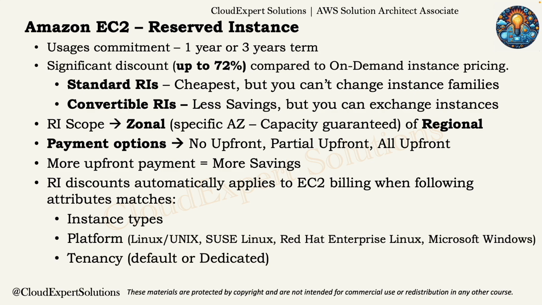If you are running your EC2 instances with default tenancy, then you should go for default tenancy reservation. On the other hand, for dedicated tenancy, you should reserve dedicated tenancy reserve instances. And last but not least, you have AZ or availability zone, which also comes as an instance attribute, and that is applicable for zonal reserve instances only. That is why AZ is optional for us.